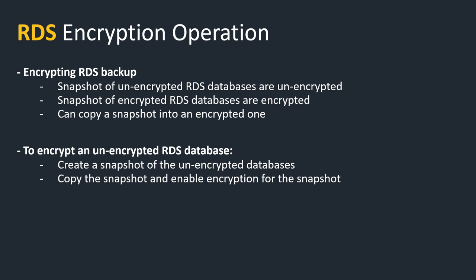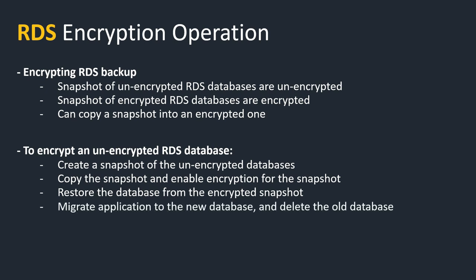So now we have a copied encrypted snapshot, and thanks to the encrypted snapshot we can restore the database from it, and that will give us an encrypted RDS database. And then we just migrate all our application from the old unencrypted RDS database to the new encrypted RDS database, and we delete the old database, and that is an operation you should know. So very simple, you just see it once, and when it comes up in the exam you know about it.